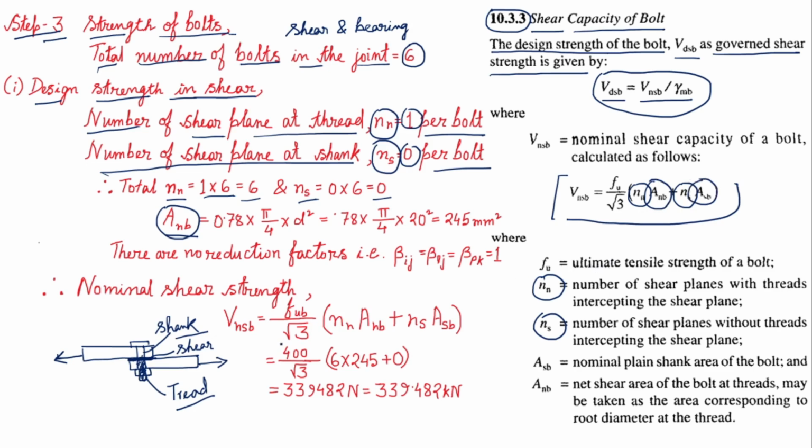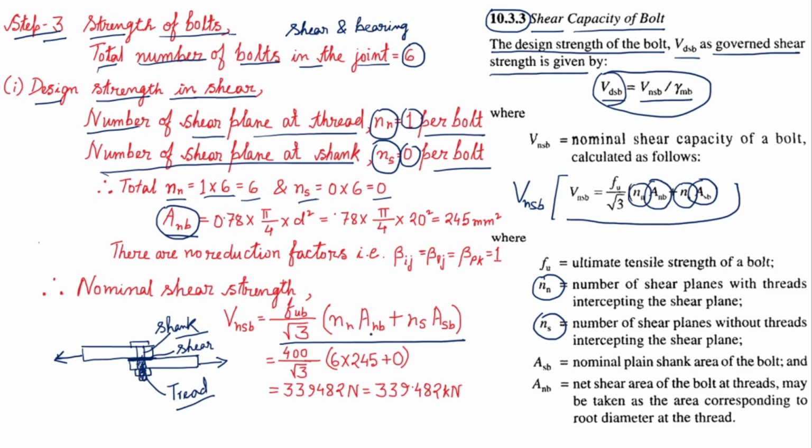So this is the formula I have written here. Using this formula I will calculate VNSB, and from VNSB I shall calculate VDSB. We know the values of NN and NS.